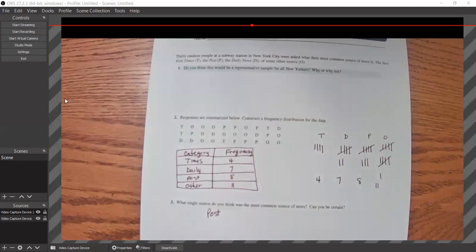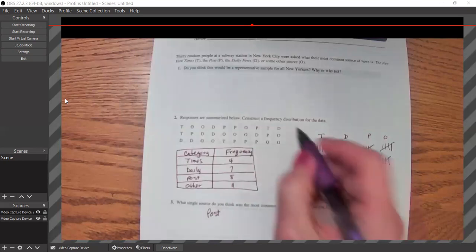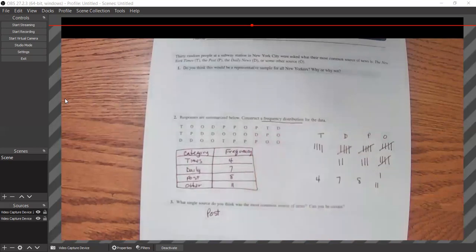So the truth is, we can't be sure. There might be a single source included in Other that got more than 8 votes, but we're thinking probably not likely. So this is called a frequency distribution chart.